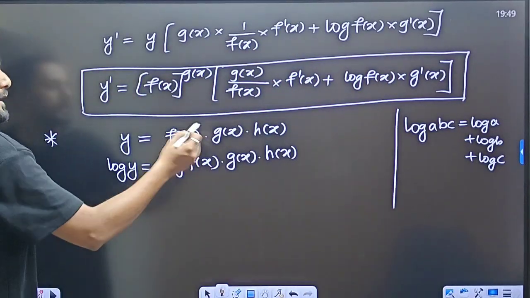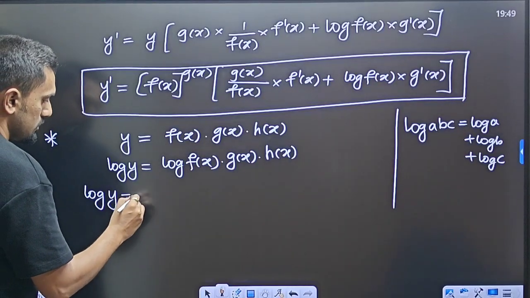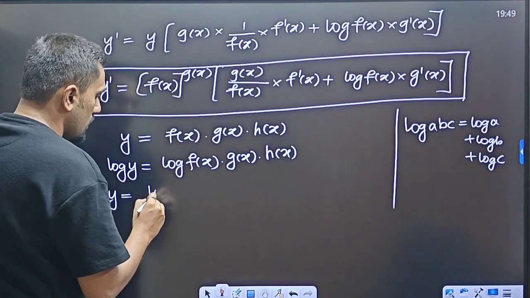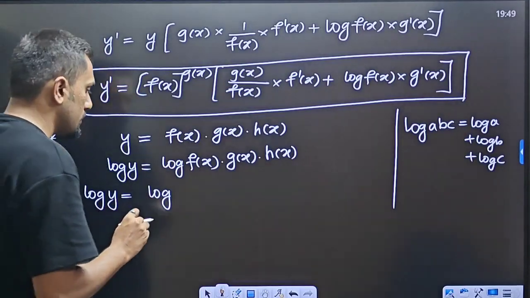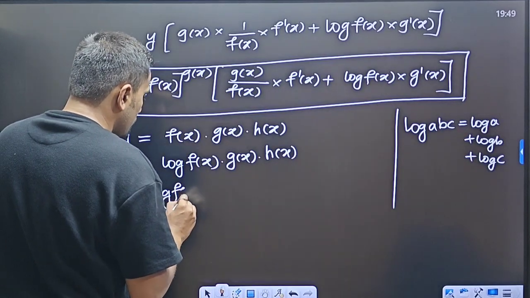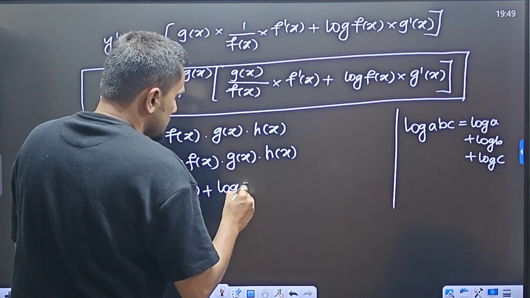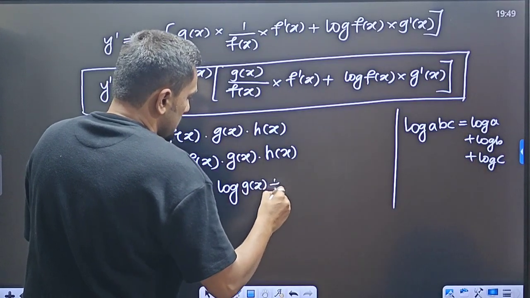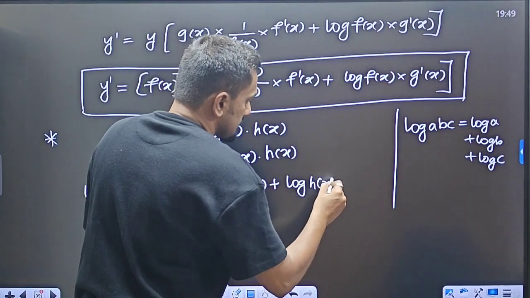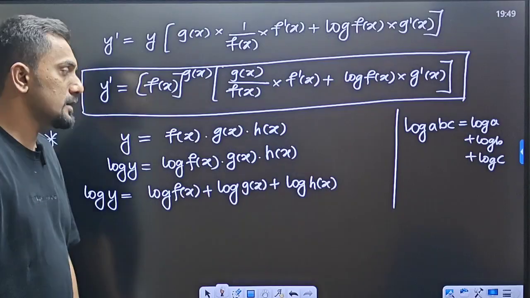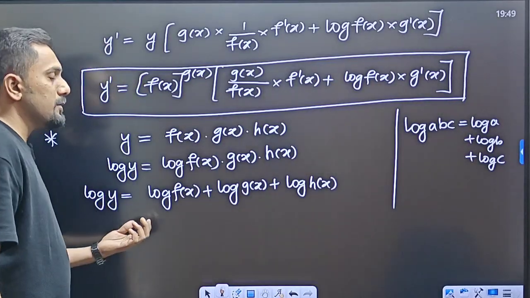So if I use the same rule here, then this becomes log y is equal to log of f of x plus log of g of x plus log of h of x. So further procedure will remain the same.